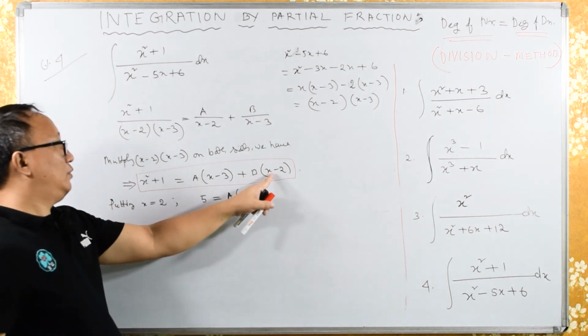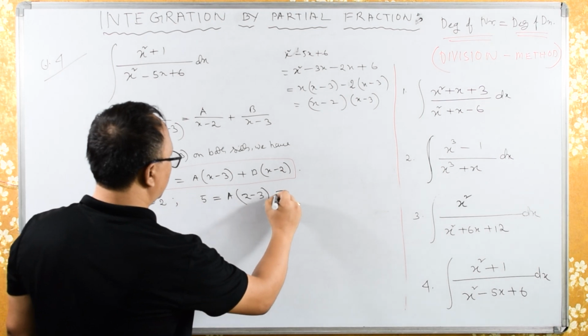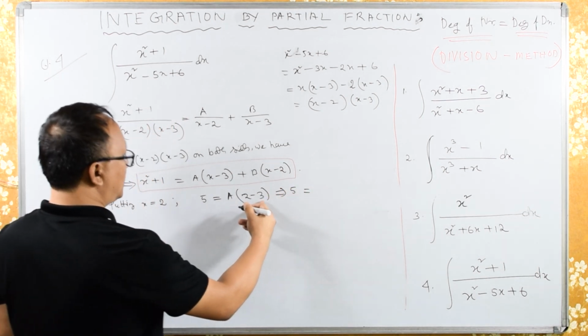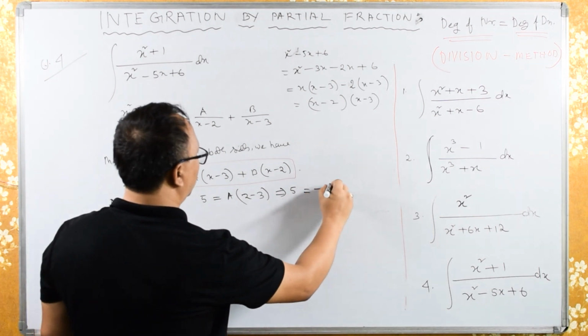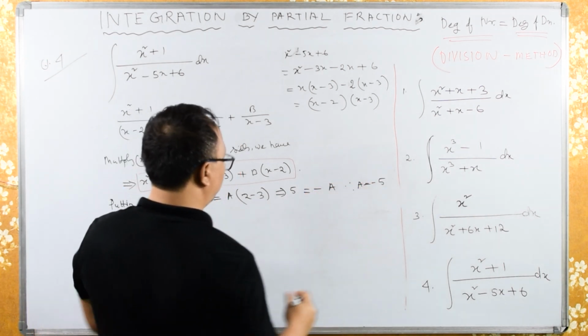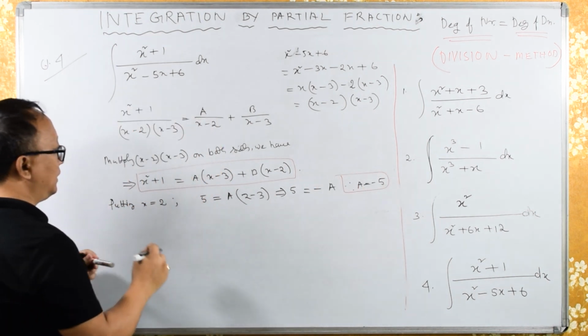Here 2 minus 2 becomes 0, so we don't have to write anything. It implies 5 equals 2 minus 3 is minus 1, it's minus a, therefore a equals minus 5.